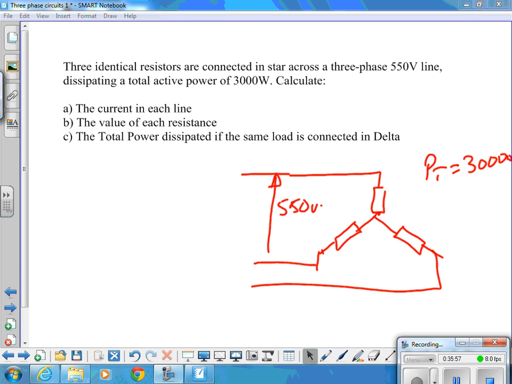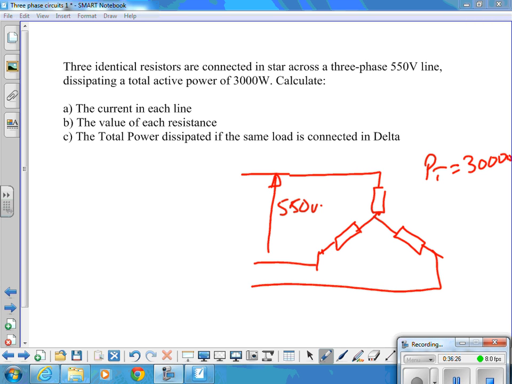How are we going to tackle that problem? You've been given the line voltage, 550.